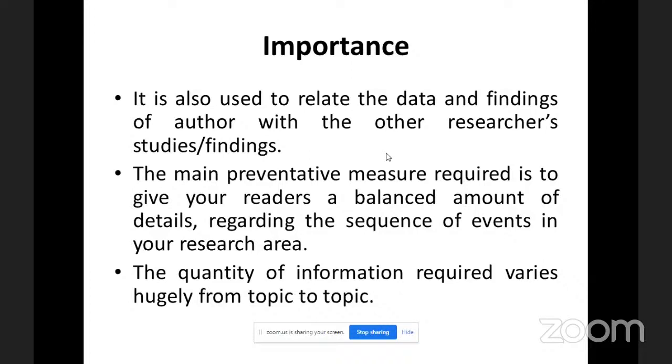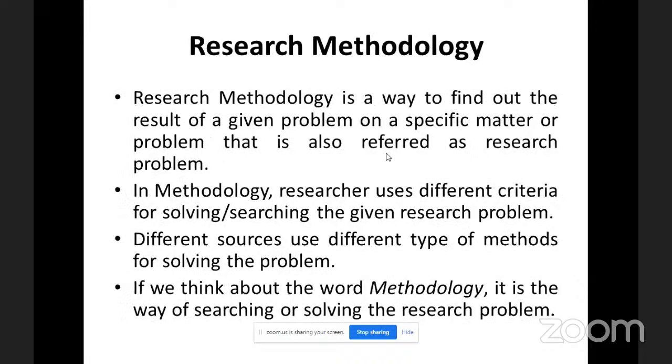Now the research methodology, this is the simplest part of the research paper. Why is this the simplest part? Because a researcher knows very well which technique they utilized for solving this particular problem. They know each and everything regarding this particular methodology.